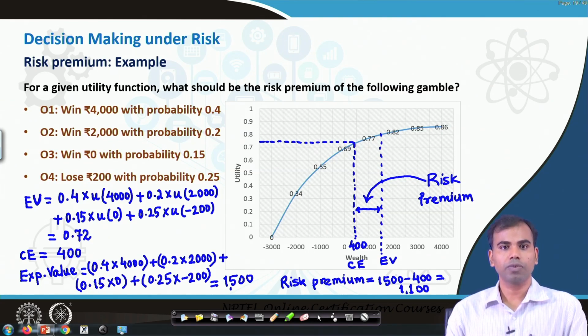So, with the help of certainty equivalent and risk premium, we can understand what should be the price of certain payoff versus the price of the risky payoff or risky choices, and what should be the risk premium associated with different risky situations.